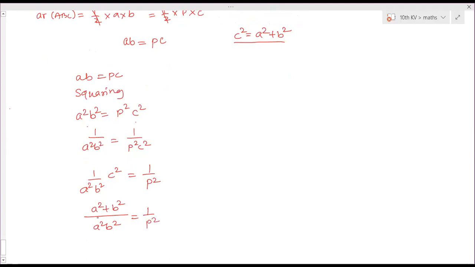Now divide these two terms separately: A square by A square B square plus B square by A square B square. This gets cancelled, this gets cancelled. So it is 1 by B square plus 1 by A square, that is equal to 1 by P square.